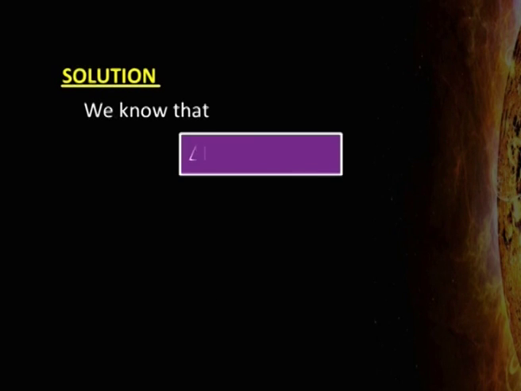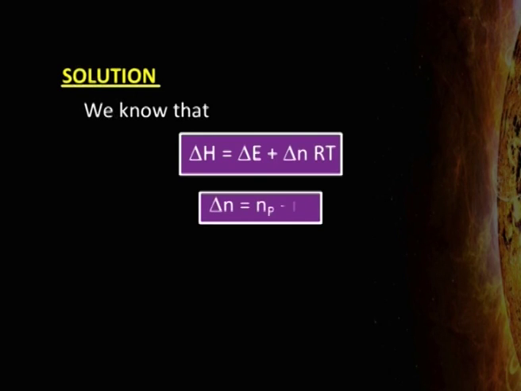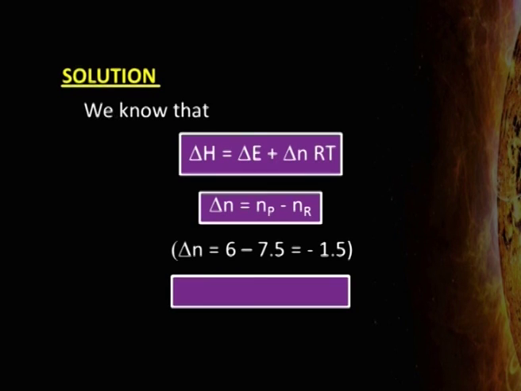You know that delta H is equal to delta E plus delta N RT, where delta N is the difference in number of moles of gaseous products and reactants. Therefore, delta N is equal to 6 minus 7.5, which is equal to minus 1.5. Therefore, delta E will be equal to delta H minus delta N RT.